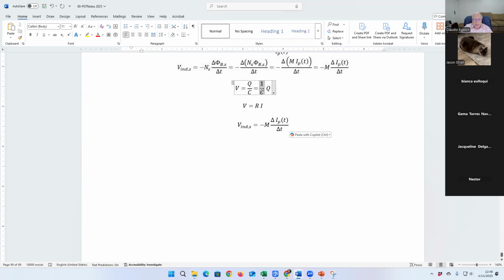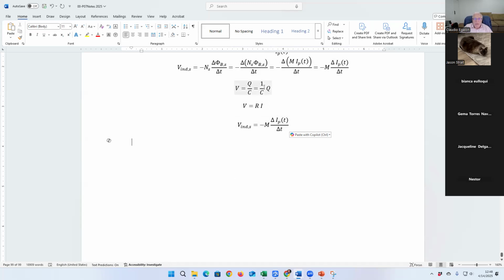What you see right in here, 1 over C, is a parameter that depends on the geometry of your capacitor. And what you see right in here, R, is also a parameter that depends on the geometry of your resistor, okay? Geometry dependent, geometry dependent, geometry dependent.